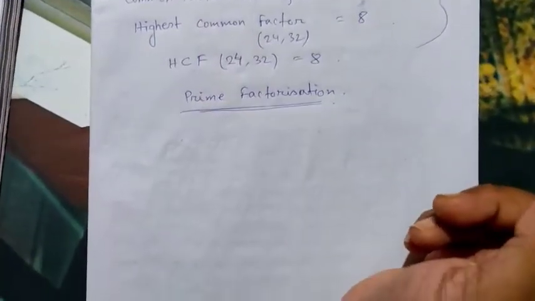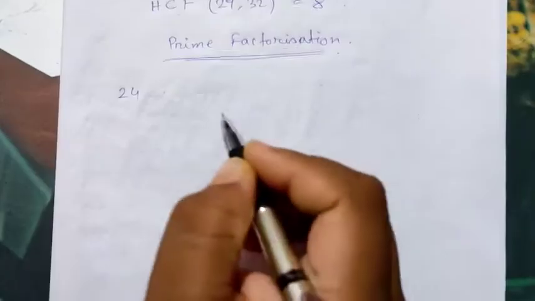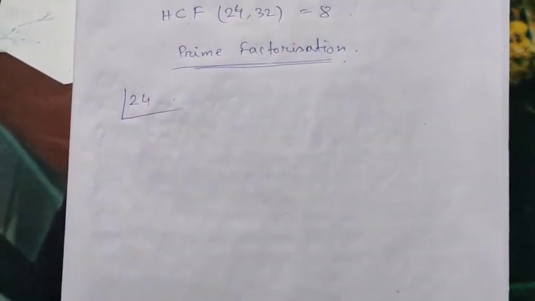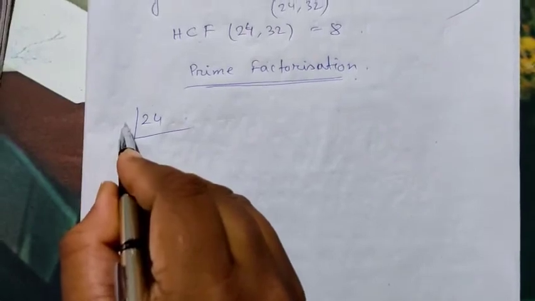Last day you learned what prime factorization is. If you have not understood, then listen here. Suppose for the same number I am going to perform the prime factorization method. I am taking 24, and I will factorize it. When factorizing 24, I cannot give any number other than prime numbers.